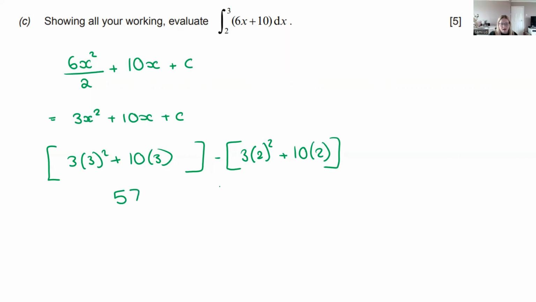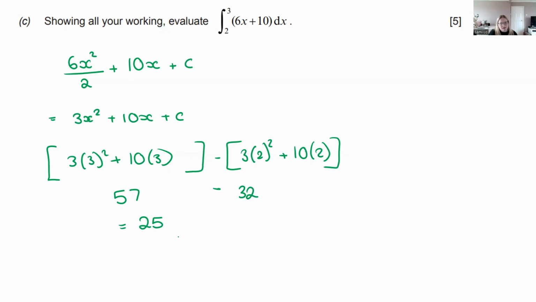And then the minus sign's there. And here, if we're typing that into the calculator, we know straight away that's 4 times 3, which is 12. So that gives us 32. 57, take away 32. You can do that in your head, but I did it on the calculator. And that gives me 25 as my final answer.